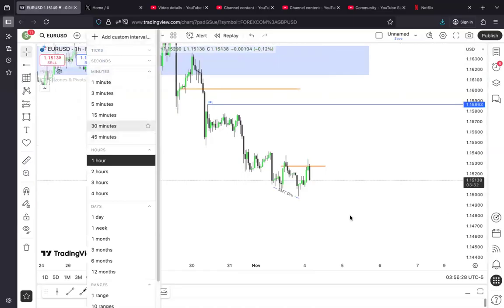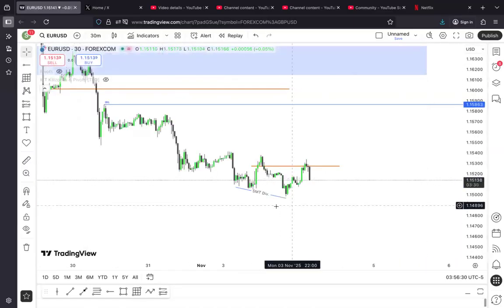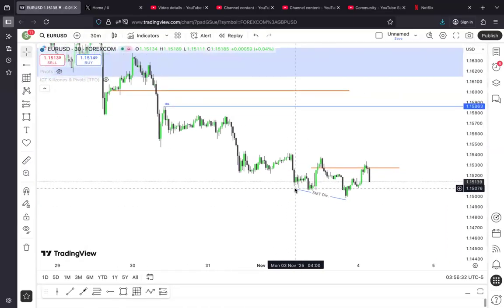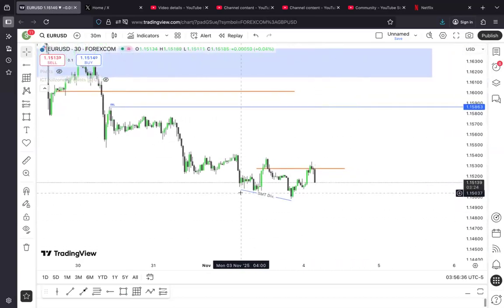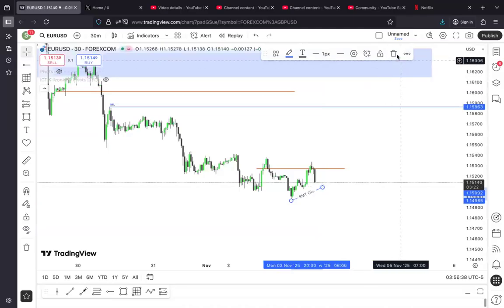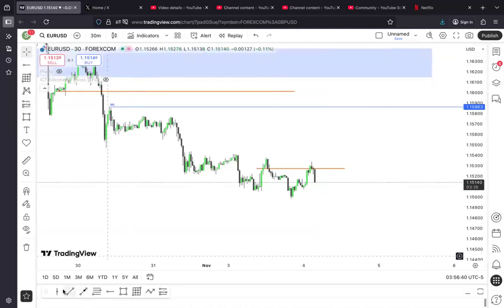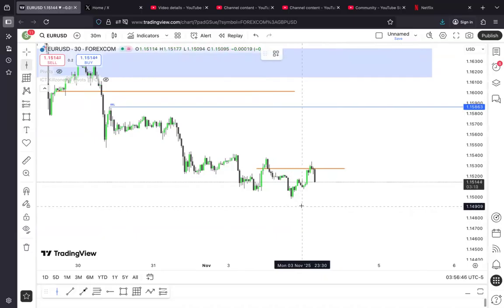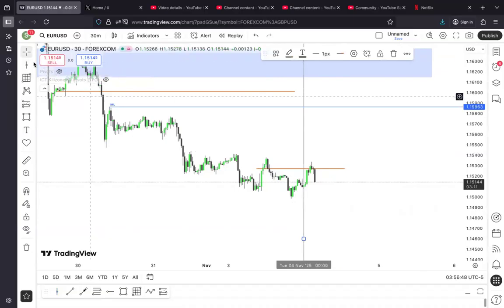So let's see. I think we have a divergence on this currently. Well, that is not why I'm here anyway. So Monday's price action, pretty much the same thing we will have on EURUSD, right?